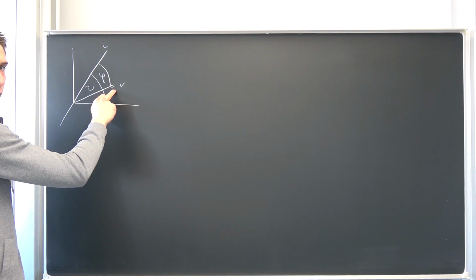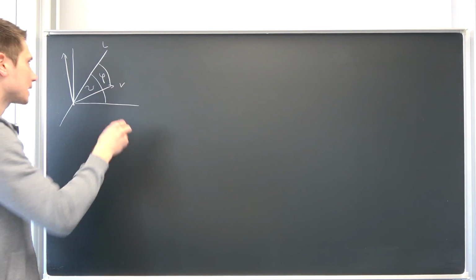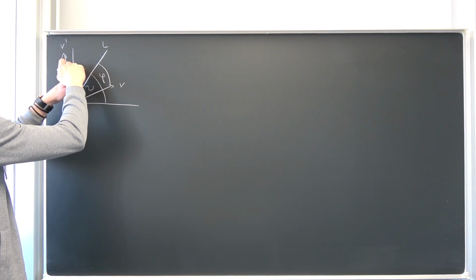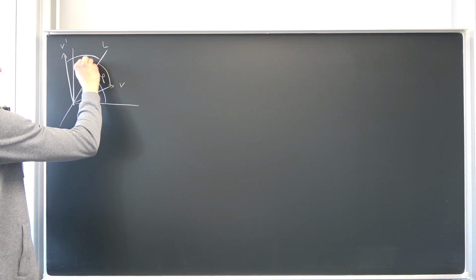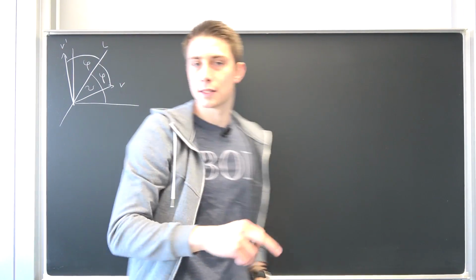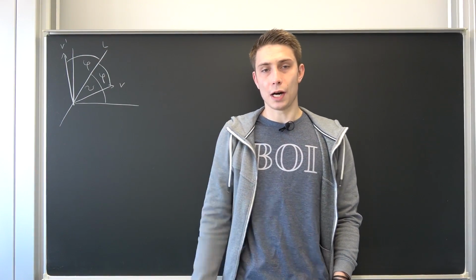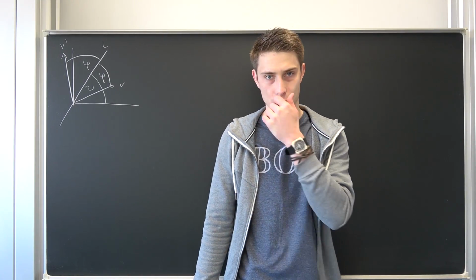Then we reflect our vector v, for example, like this, and we get a new vector v prime. The angle between this line L and v prime is the same as the one between v and L. This is what our reflection matrix is going to do.